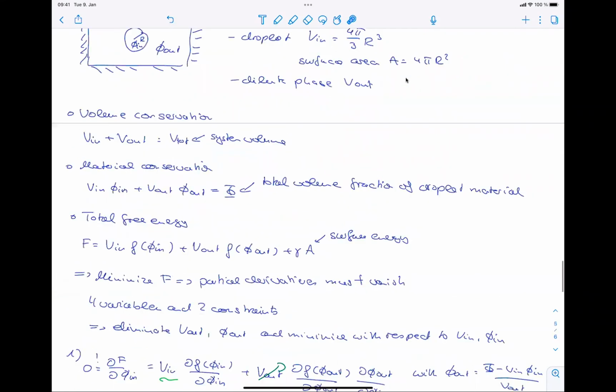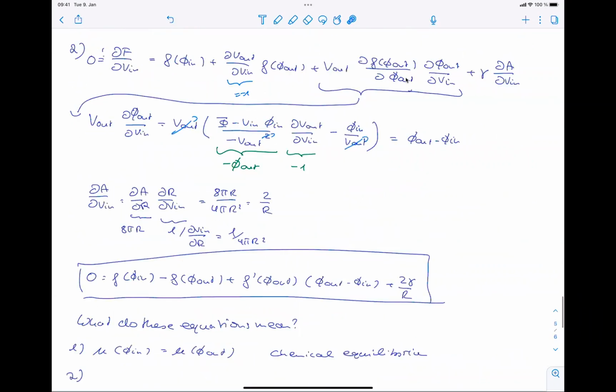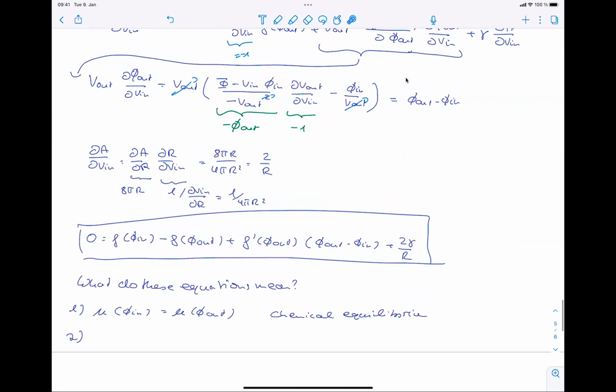So if we scroll down again, we have here volume fraction derivative minus F. Now, also noting that at chemical equilibrium, the derivative of phi out is equal to the derivative of phi in, right? This actually states here we are looking at a difference in pressure.